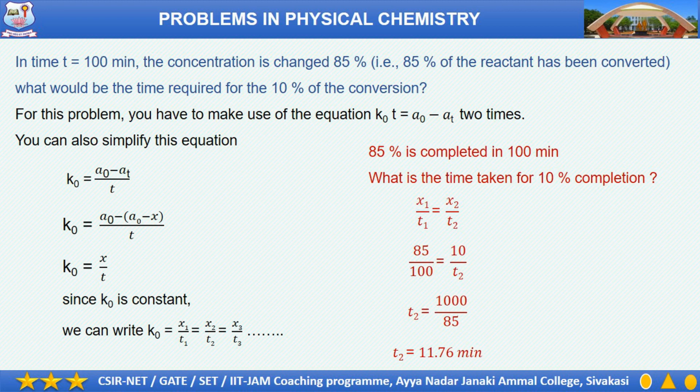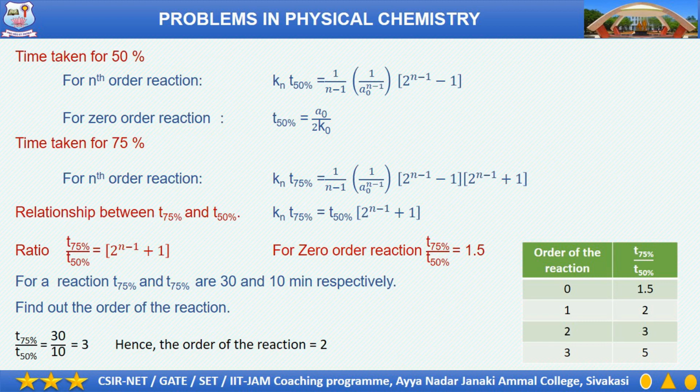And the next one is what is the time taken for 50%. You have already known this. What is 50% of the conversion? What is the equation for this zero order reaction? Half-life is equal to what is the general formula?